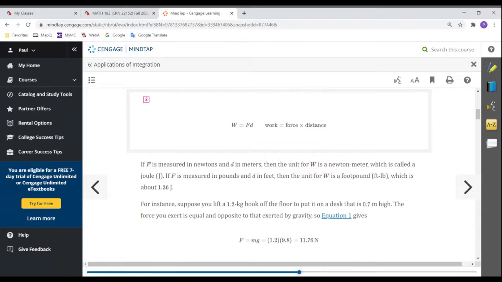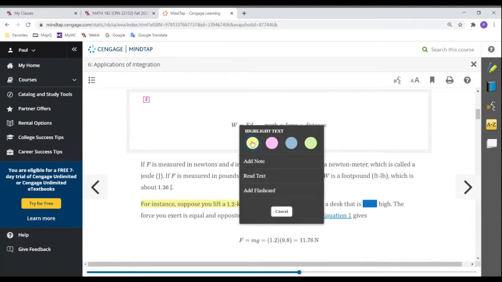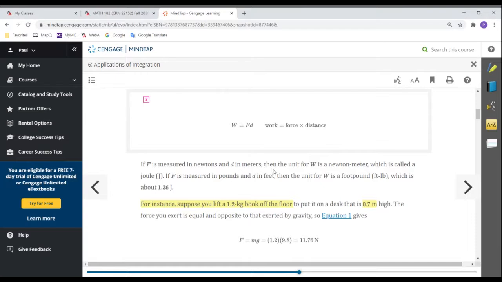Okay, so they give a few examples here. They say, for instance, suppose you lift a 1.2 kilogram book off the floor to put it on a desk that is 0.7 meters high.